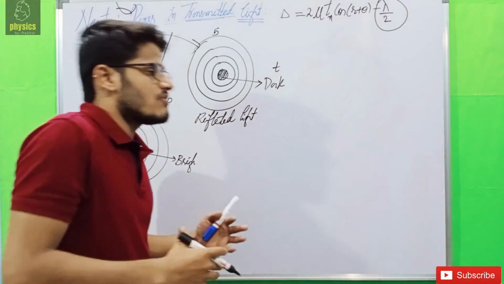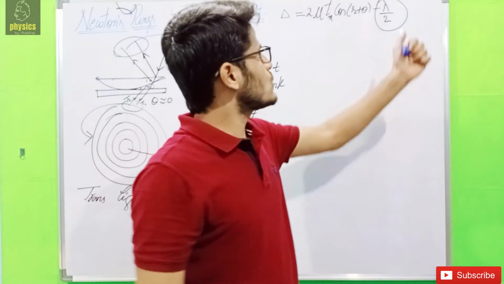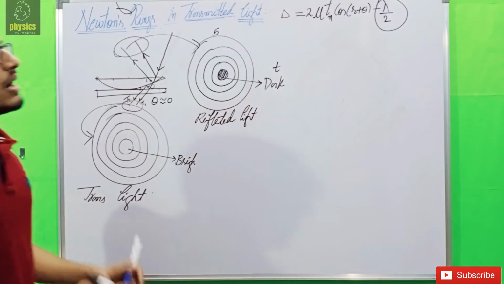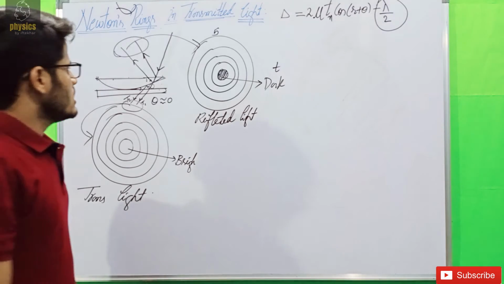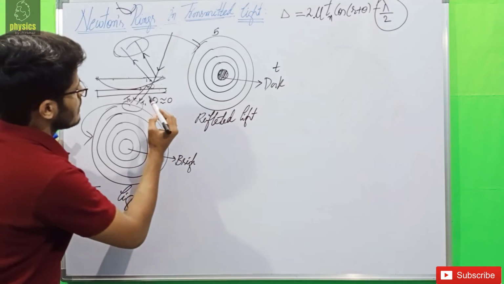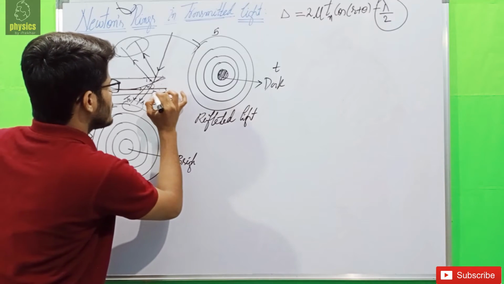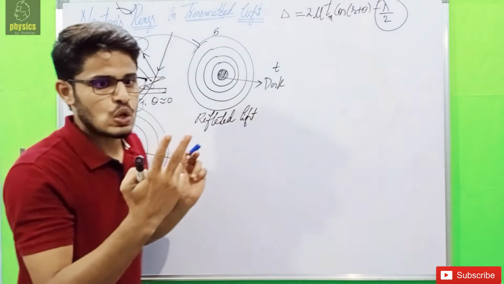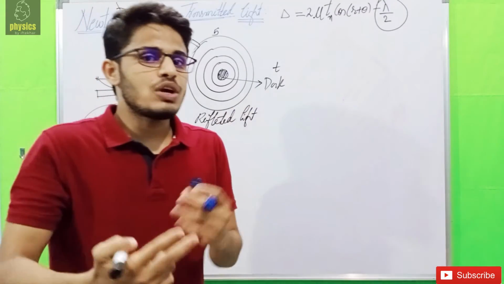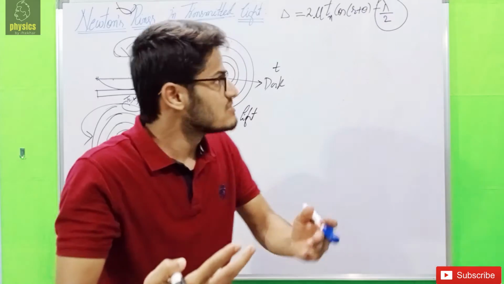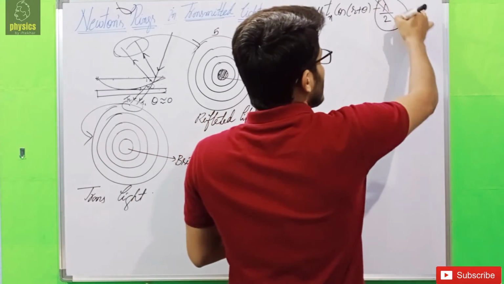But you see here, this light ray is getting reflection from the denser medium 2 times. So this term will vanish.